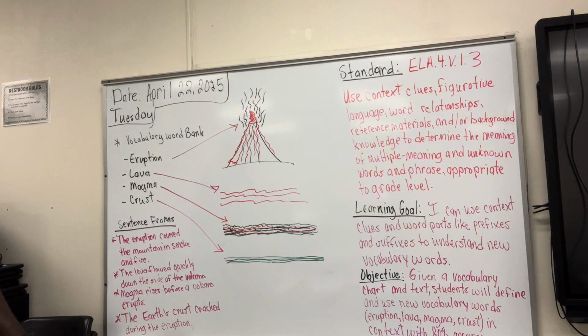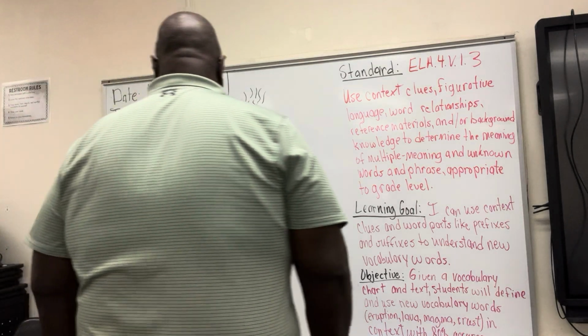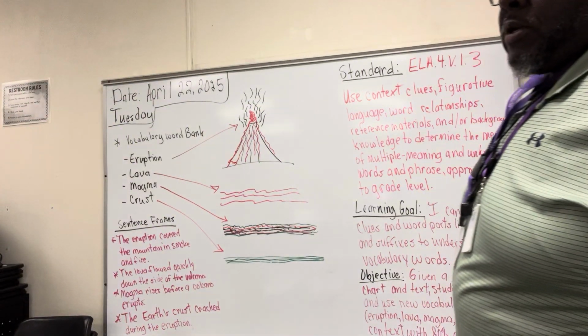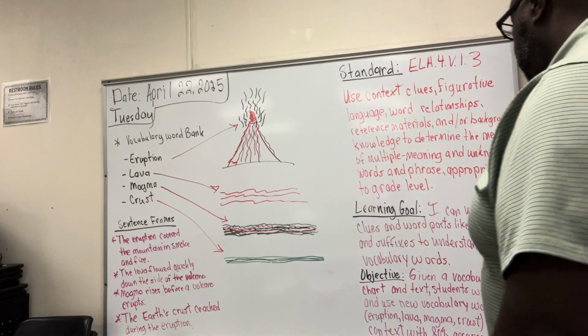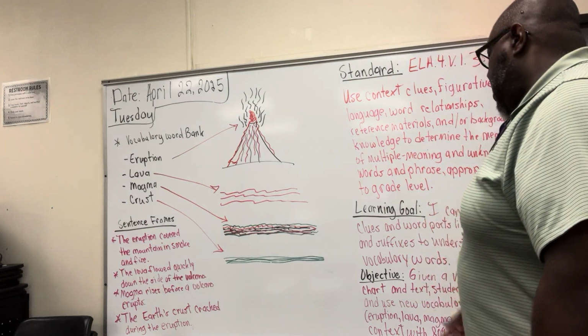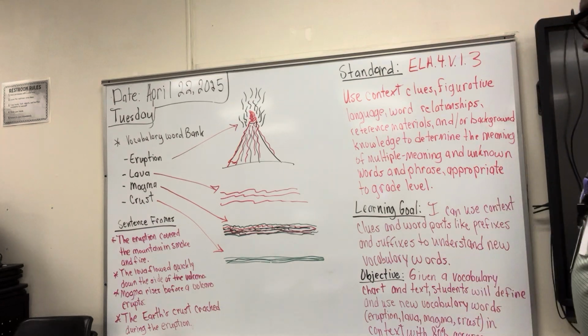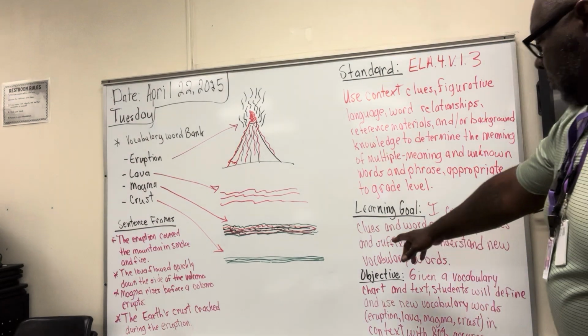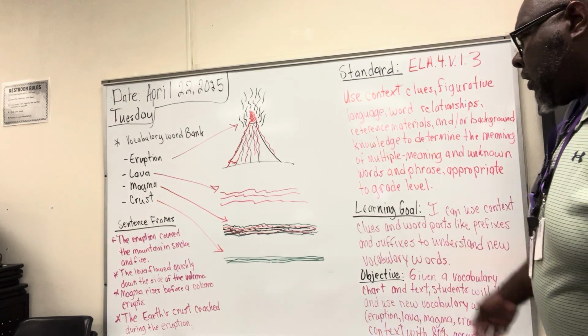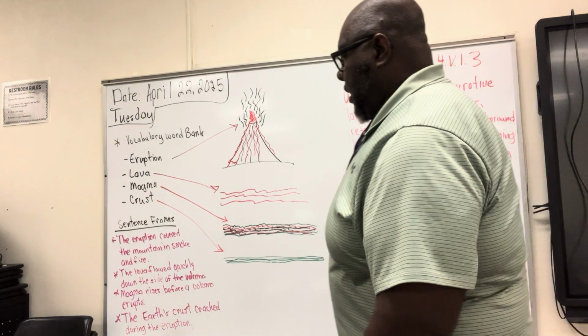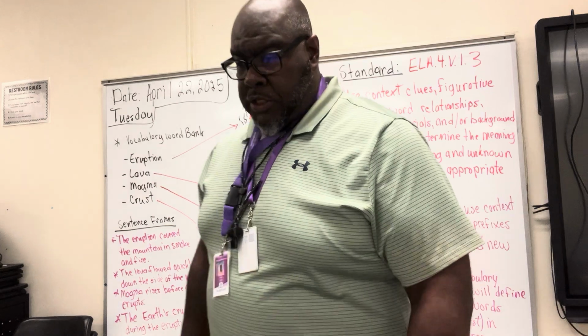So now what we're going to do, we're going to move on to sentence frames. This goes along with what we just did. Remember I explained to you what we talked about in our learning goal. I can use context clues and word parts like prefixes and suffixes to understand new vocabulary words. So we're going to take what you just did on your worksheet, and I put it on the board.